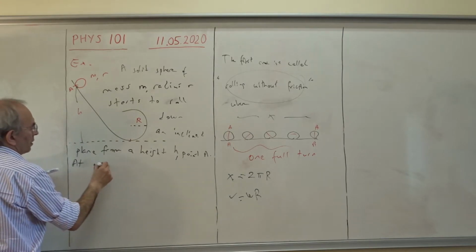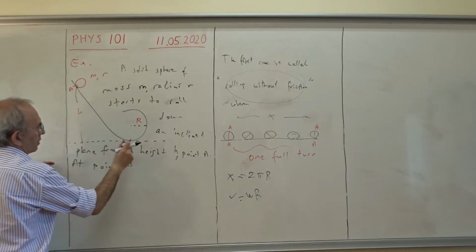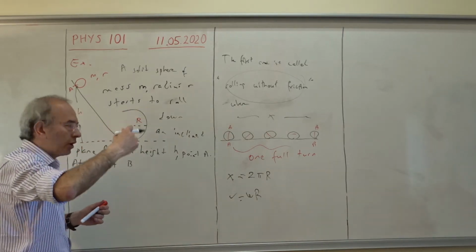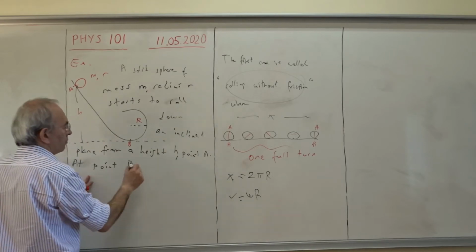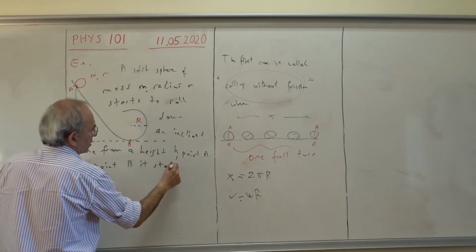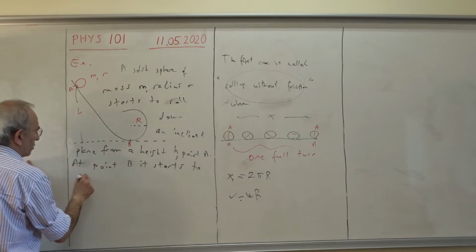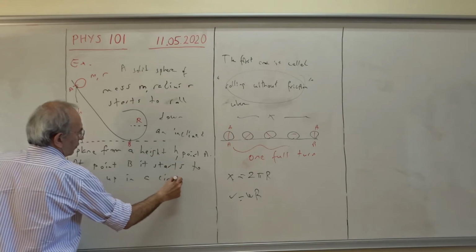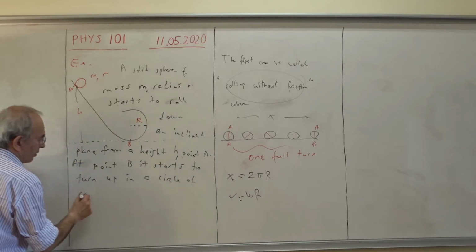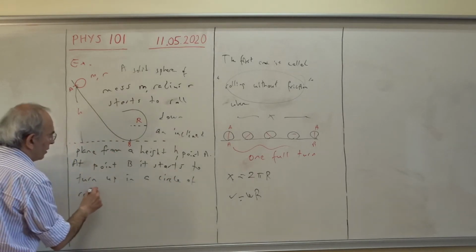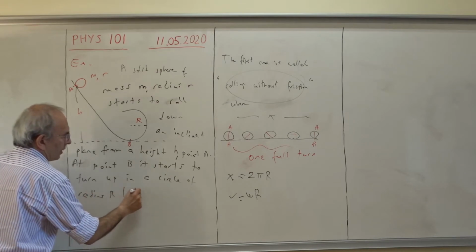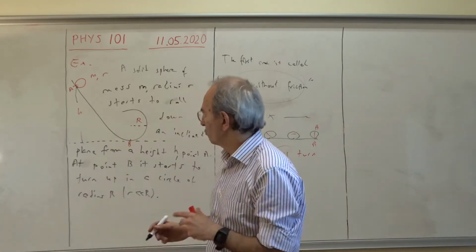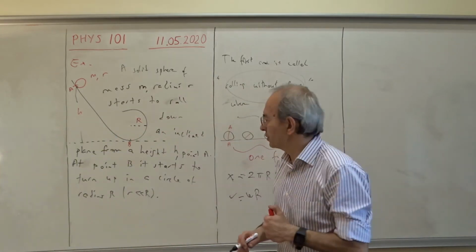At point B, it starts to turn up in a circle of radius capital R. There are two R's, little r and capital R. If you compare them, little r is much less than capital R. It is also given to make it simpler for the calculations.